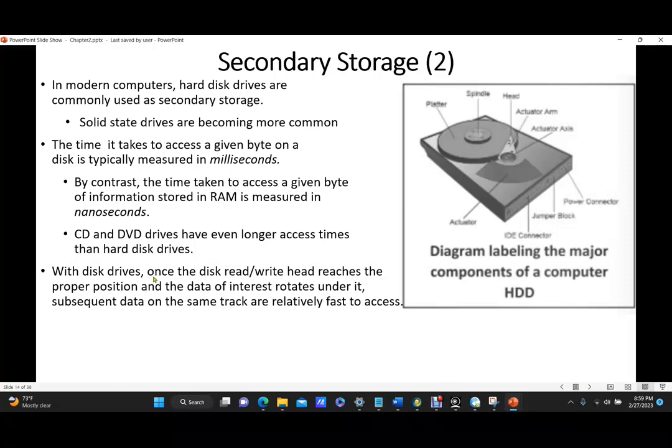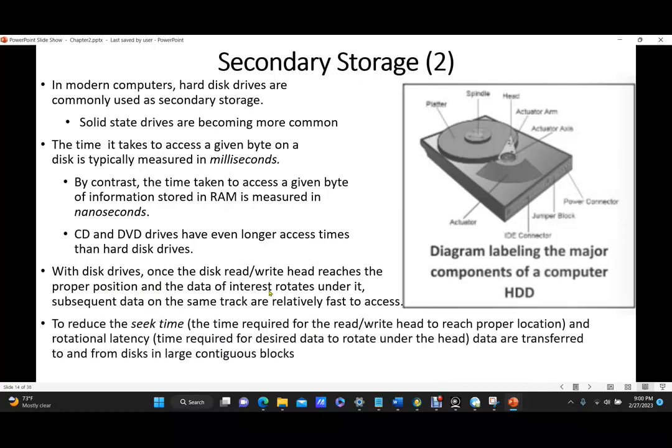When the disk's read-write head reaches the proper position and the data of interest rotates under the read-write head, then reading the rest of the data on the same track is relatively fast compared to getting the read-write head into the right position and the initial byte getting to the read-write head.